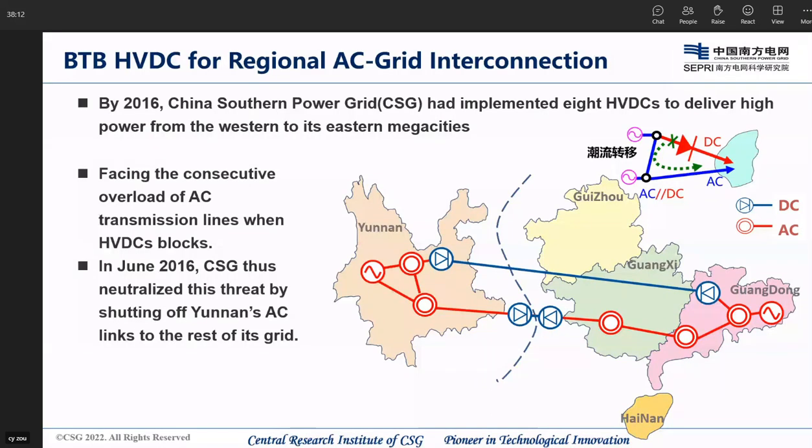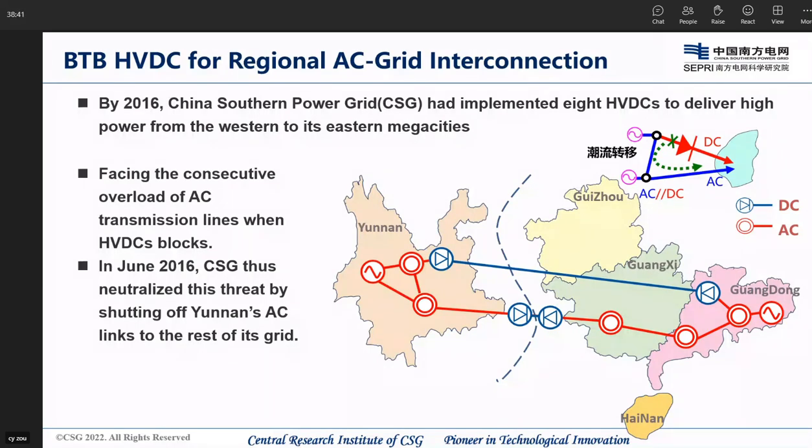You can see in this picture, if the DC system blocks, then the power load can shift to the AC lines because the AC line cannot control the power flow. But the AC lines are not strong enough, so they will be overloaded and trip again. In this way, it may cause system stability problems and widespread power outages.